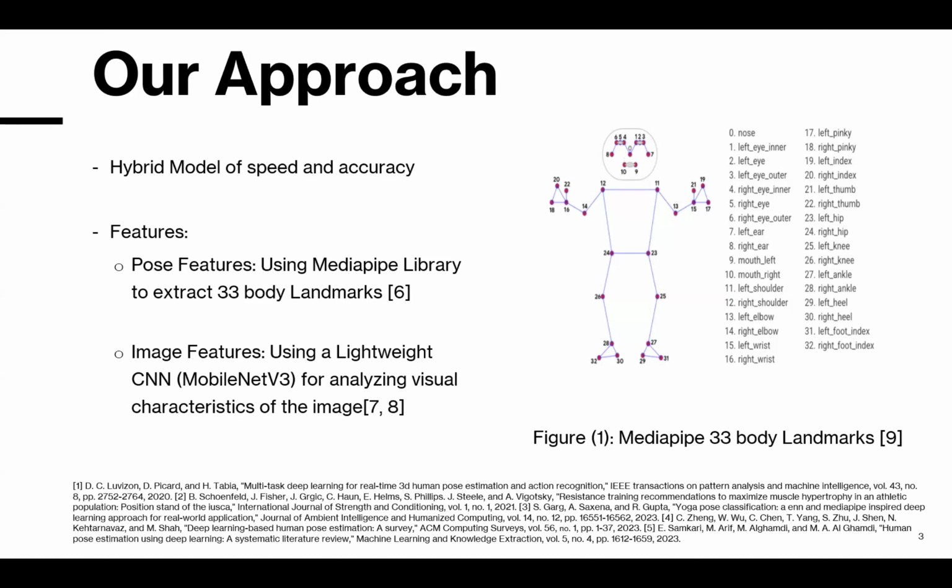Additionally, we will need the image features, as we will use a lightweight neural network, which in our case is MobileNet v3, and it will be used to analyze the visual aspects of our image.